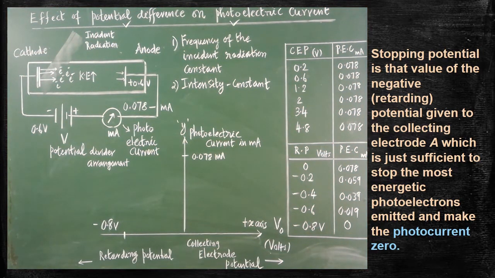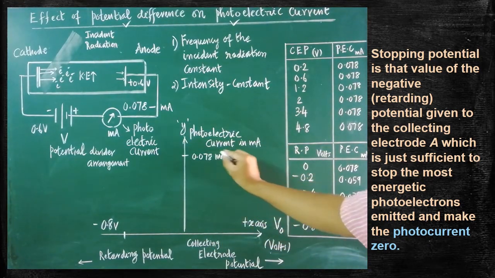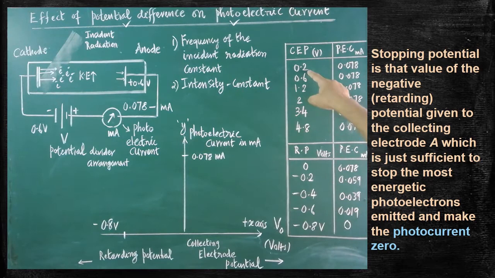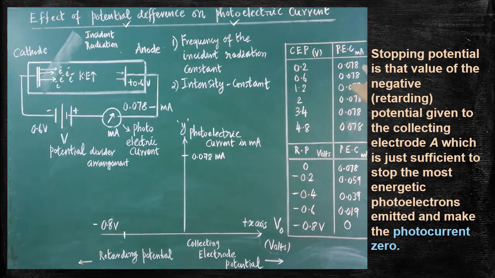Are you clear? Now we are going to plot all the values. The collecting electrode potential must be taken on the x-axis, and the photoelectric current on the y-axis. For example, for 0.2, the value is 0.078.